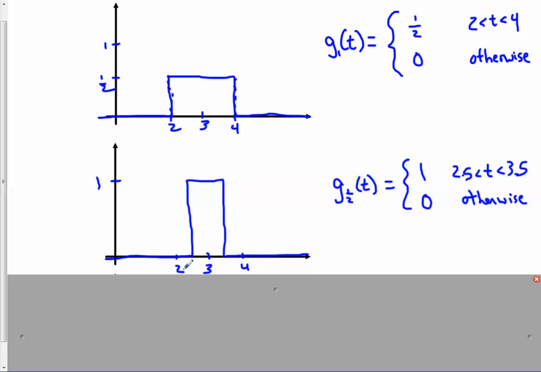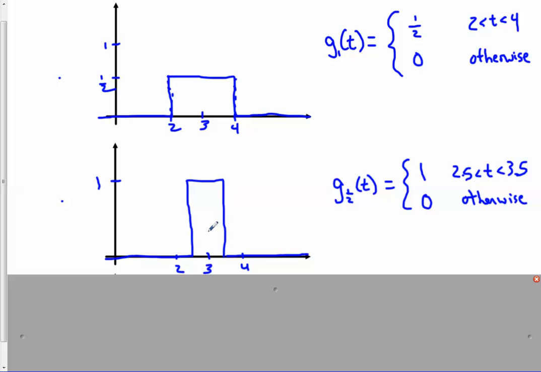What I want to point out is that, from a modeling standpoint, if this is a force applied to something, these two have roughly the same effect, because this one is twice as long but half as strong. The force was equal to 1/2 but for 2 full seconds, whereas this one was equal to a full 1 but for only 1 second.